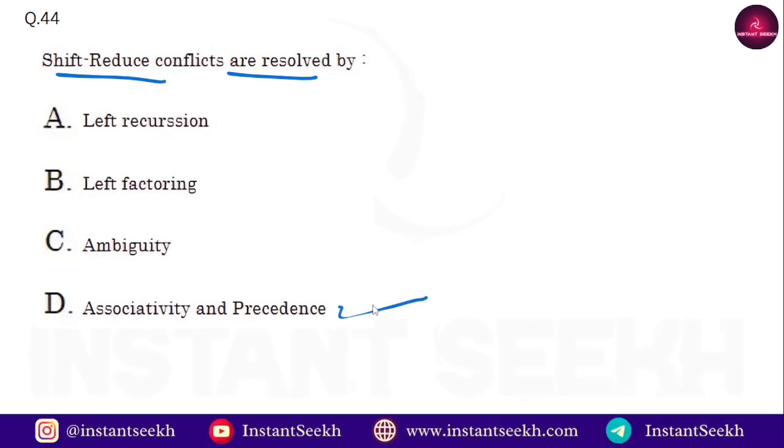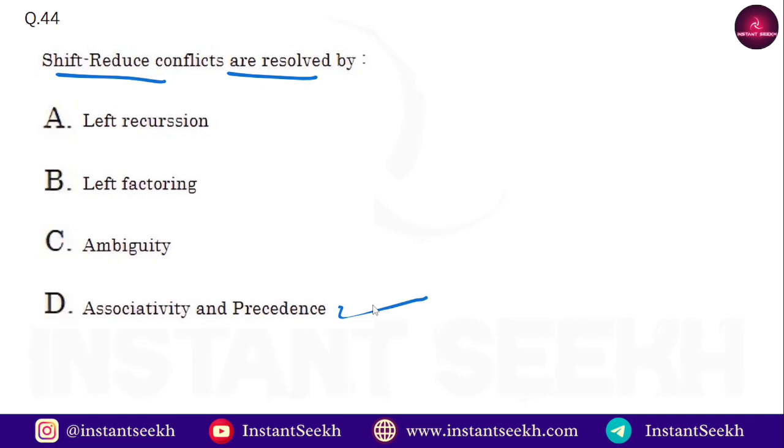Where the shift reduce conflict occurs in parsing, the parser cannot decide whether to shift, read more input, or to apply a grammar rule based on the input. Then the associativity and precedence rules dictate how the operators of the same precedence are grouped in the absence of parentheses. Now, what is associativity?